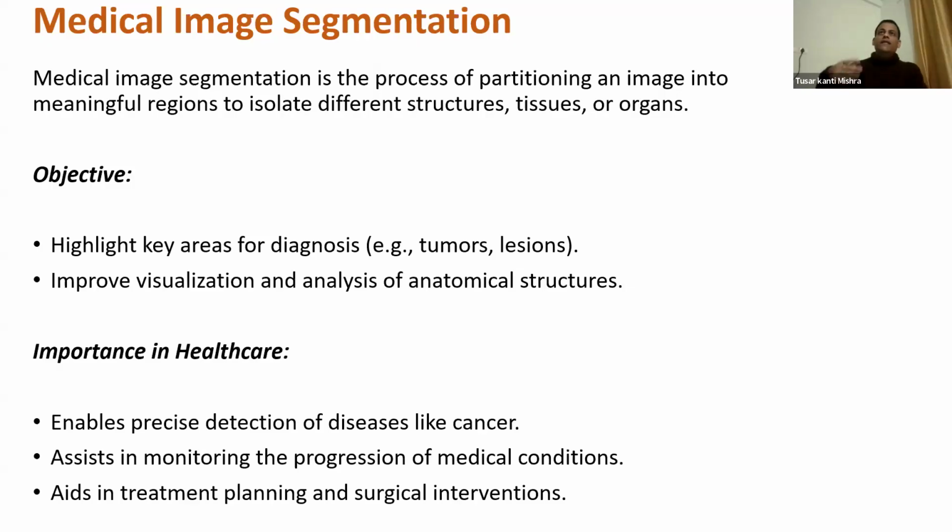Because once again, when we consider a video or a digital image of a general scene, and when we visualize a human body part image, it may be a CT scan, an MRI, or an X-ray image, what differs is that human tissue wise, cell wise, there may exist differences.